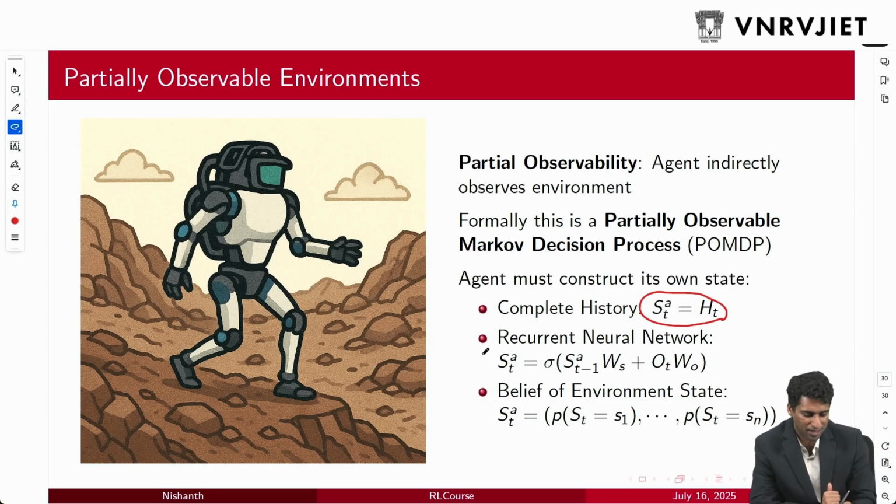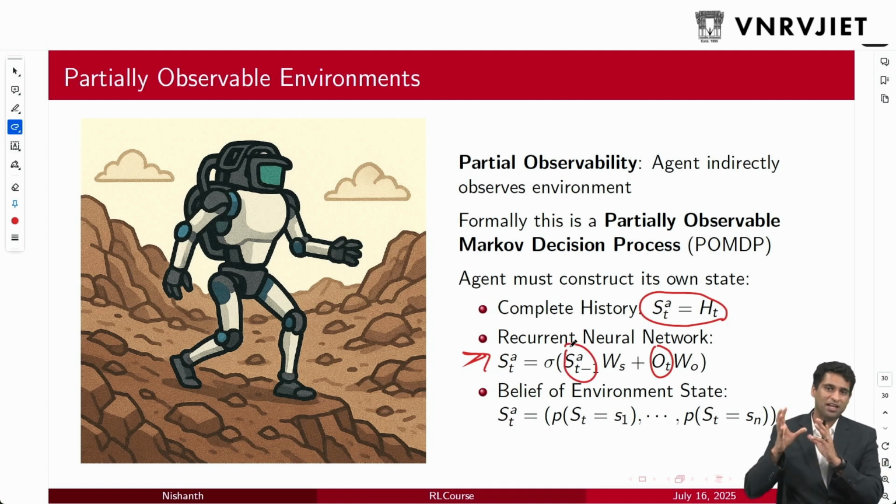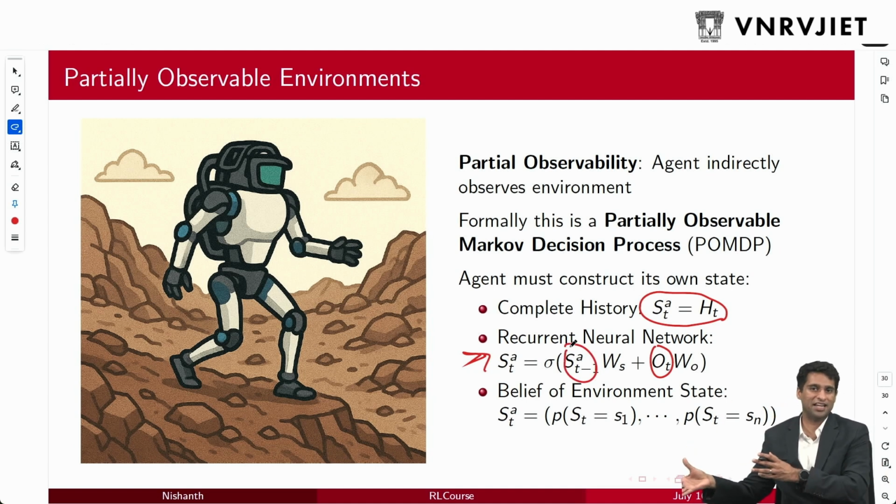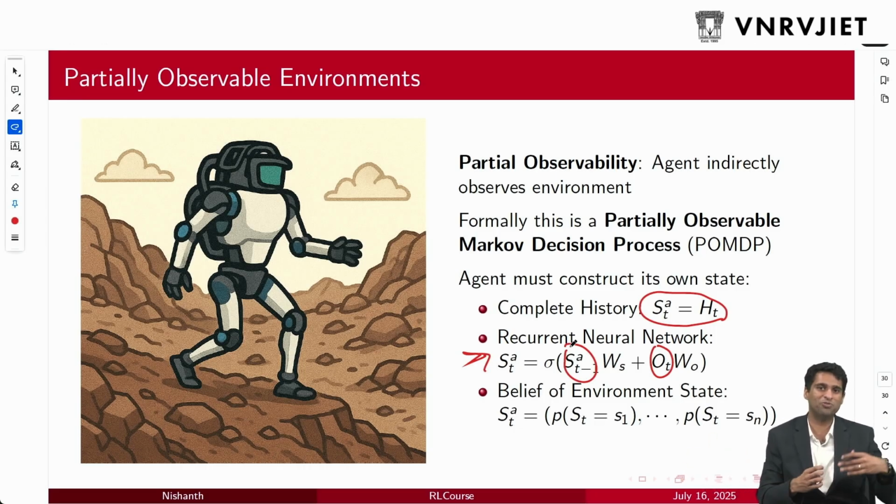Or in some studies, we can use something like a recurrent neural network, an LSTM or an RNN, where the current observation and the previous state are provided as inputs. So some estimation of the previous agent state and the current observation can be combined to output the next state. So there is always some information that is encoded about the history inside the agent state, right?